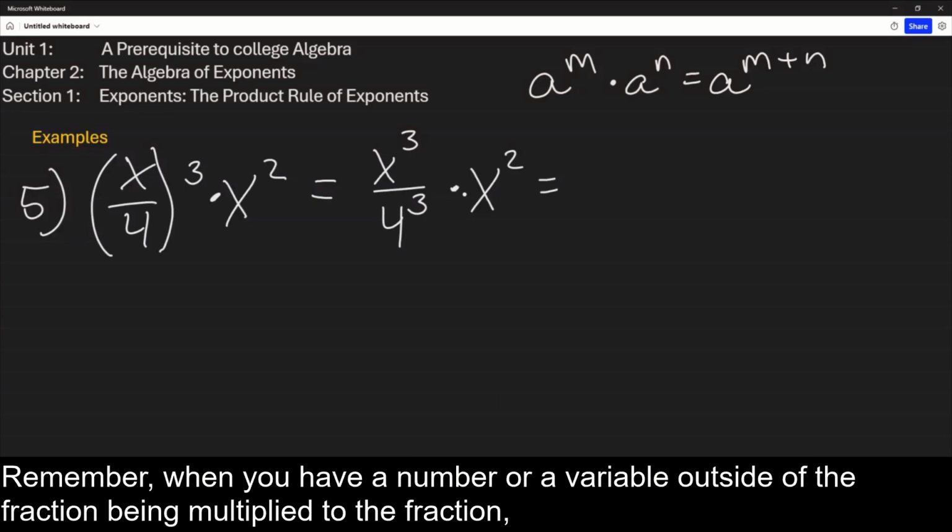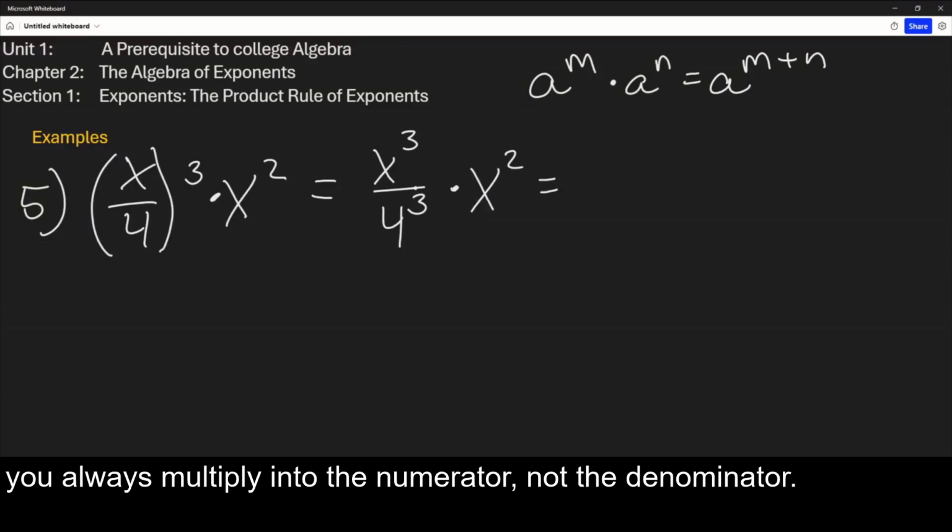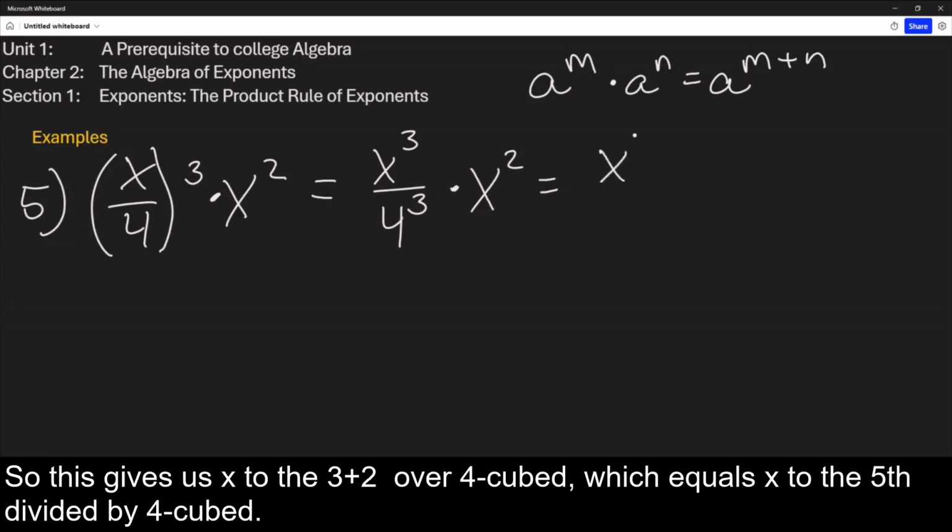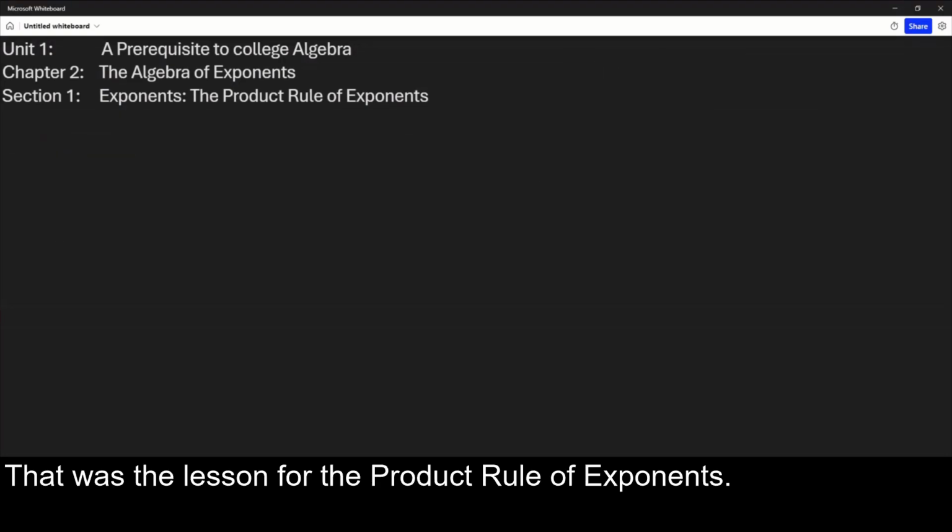Remember, when you have a number or a variable outside of a fraction, being multiplied to the fraction, you always multiply it into the numerator, not the denominator. So this gives us x to the 3 plus 2 over 4 cubed, which equals x to the 5th divided by 4 cubed. That was the lesson for the product rule of exponents.